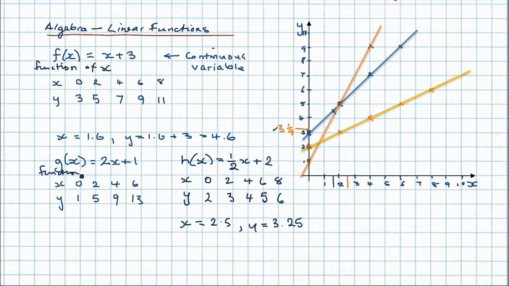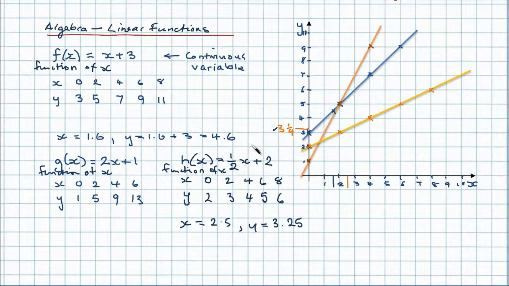That's also a function, but it's just a new function of x. And then we had a function of x here, which we called h. So we simply changed the letter, just advancing the alphabet, so that we make it clear that these are separate functions that we're working with.